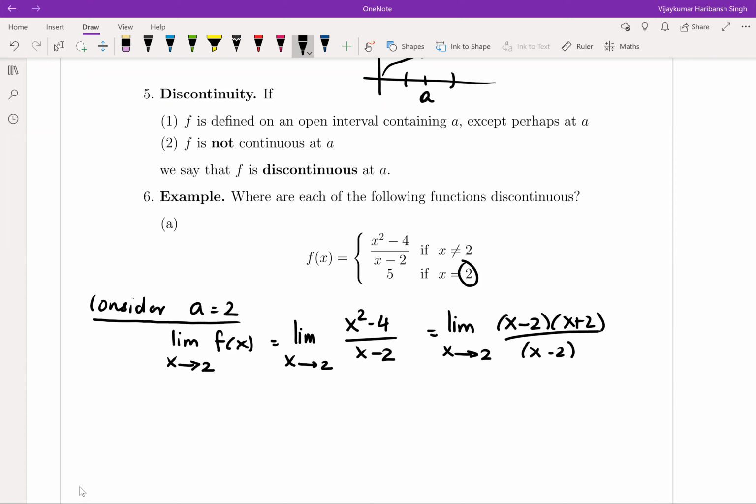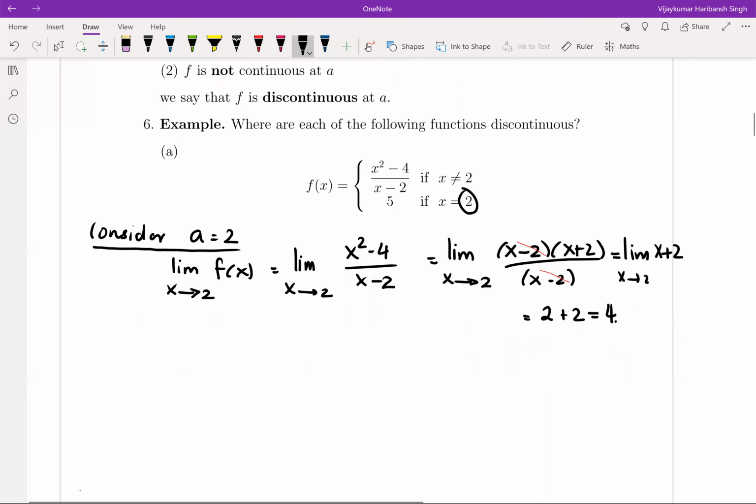Why did I do that? Because it's of 0 over 0 form at 2. Then we cancel these and substitute, and you get 4, because it's 2 plus 2. So the step is: limit as x goes to 2 of x plus 2, which is 2 plus 2, which is 4.